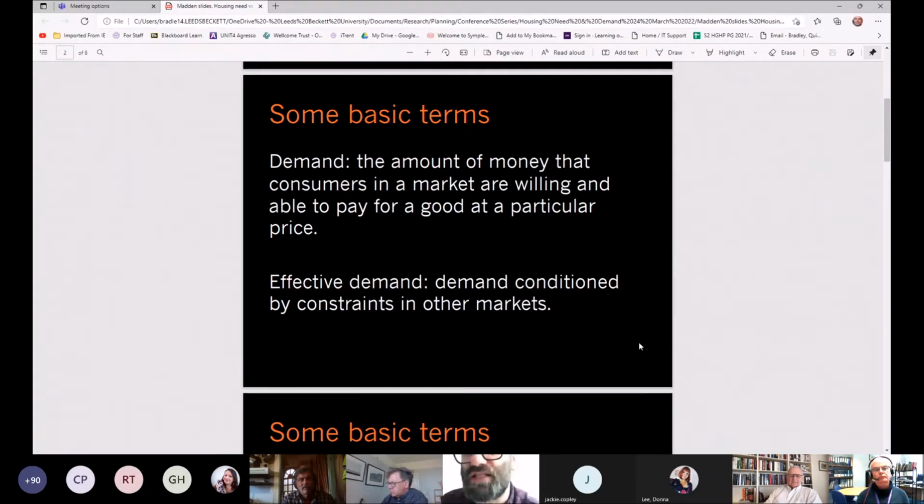So just in a basic sense, let's start with demand, central to our discussion here. Demand, of course, as you all probably know, is simply the amount of money that consumers in a market are willing and able to pay for any good at a particular price. So the first thing you will recognize about this, of course, is that it's an economic category and not a social one. And it is a quantitative measure.